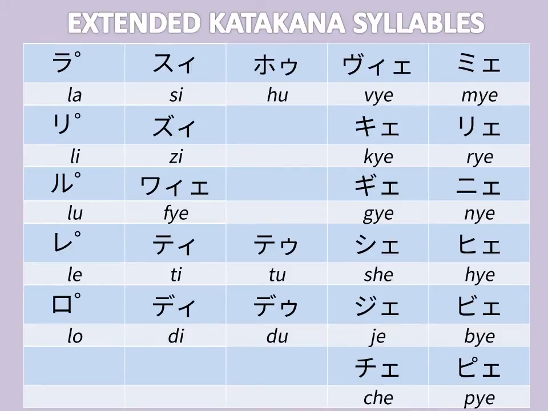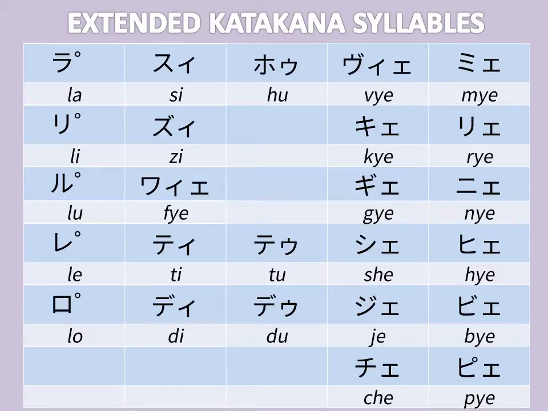And we have the next set of the extended katakana syllables. This is the last table of the extended katakana syllables. So we have the ra with the handakuten, which is the small circle on top, which converts it to la. This time we will go column wise.